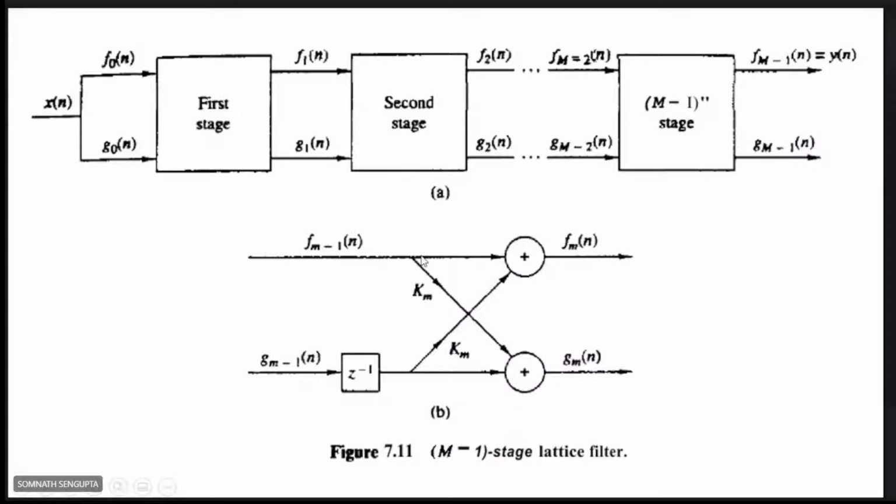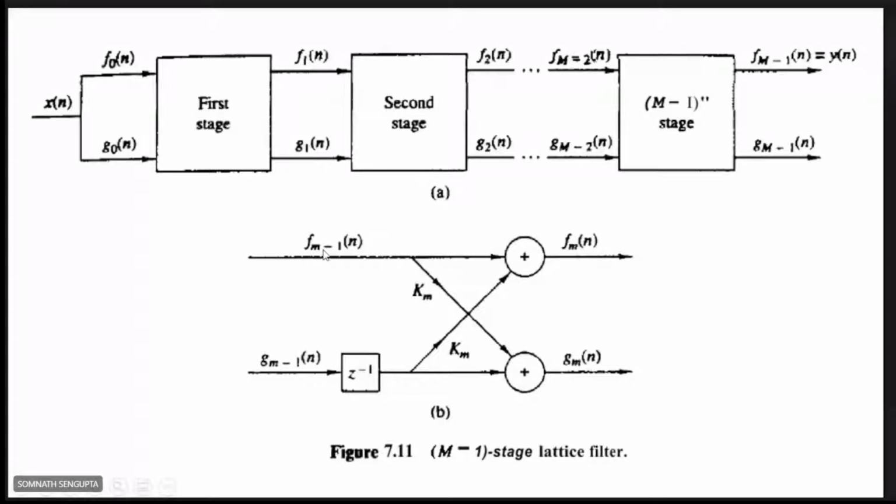One input goes directly to the summer at the output, the main output. One input is delayed first and multiplied with some coefficients, then they are added.